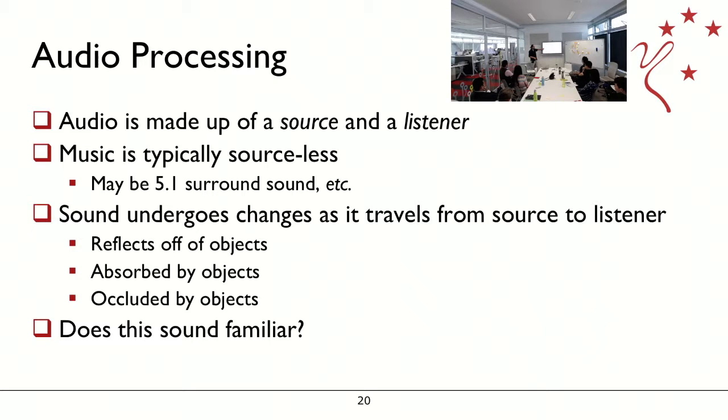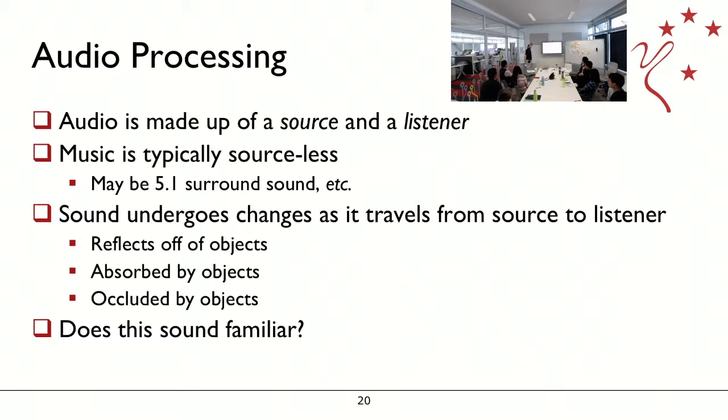And then sound, as it goes from a source to a listener, goes through a bunch of changes. The reason this room is not good in terms of sound is that when it leaves my mouth, it's doing all sorts of bad things. It's bouncing a lot, because all these shiny surfaces make the sound bounce around. This is called reverberation.